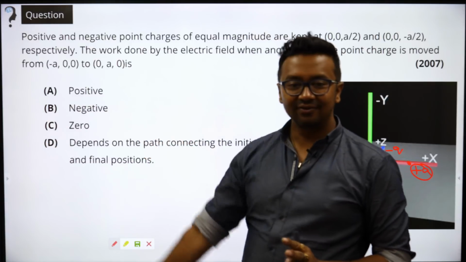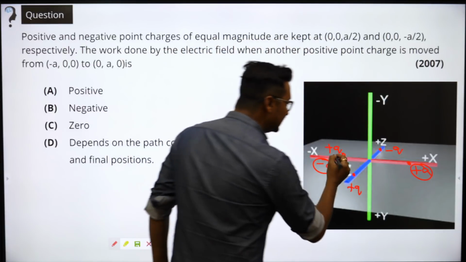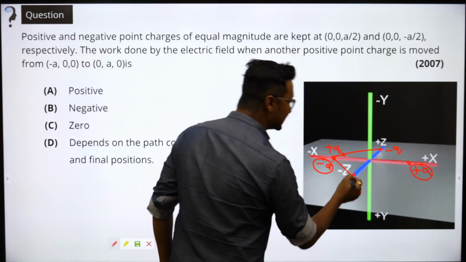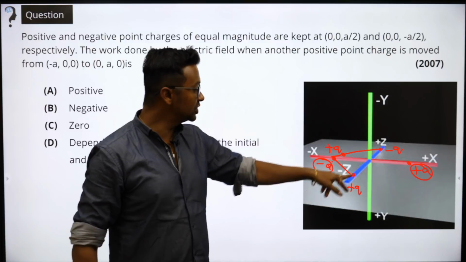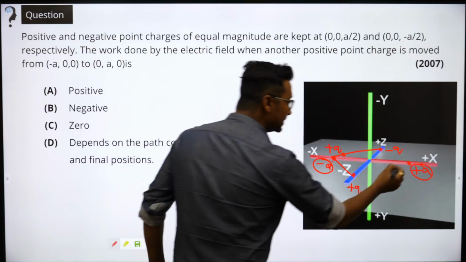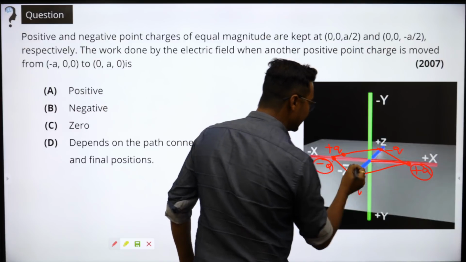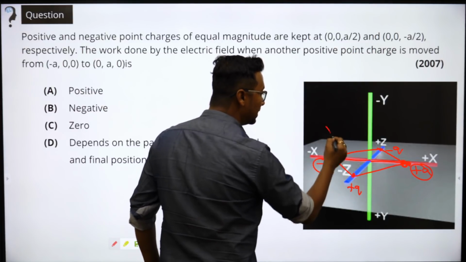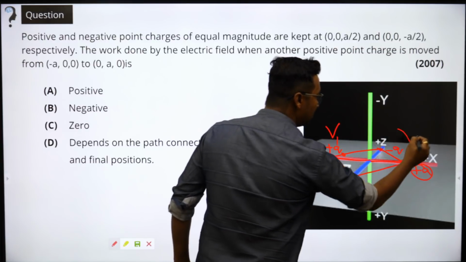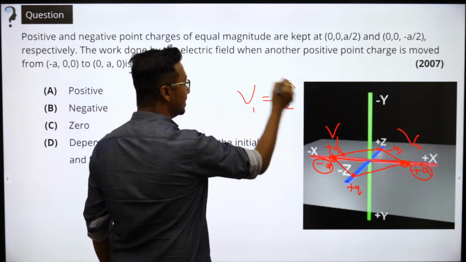Very good Ankit Jha. Look children, this distance and this distance are basically the same. They are symmetric, positive, negative. Similarly, this distance and this distance being the same, I can easily conclude that the potential here and the potential here are basically the same.